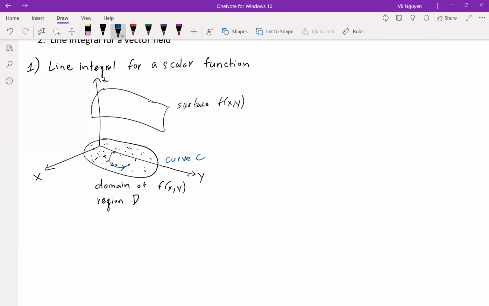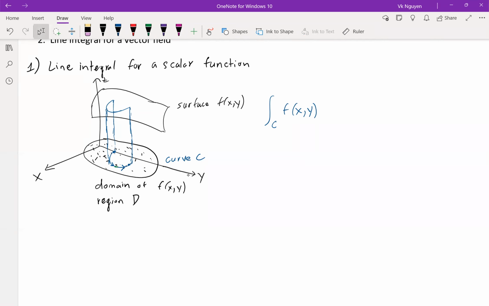I'm going to redraw my curve C up here. Integration over the curve C, f(x,y).